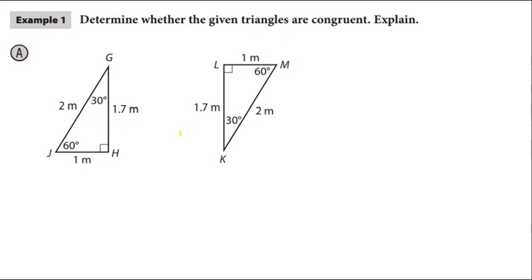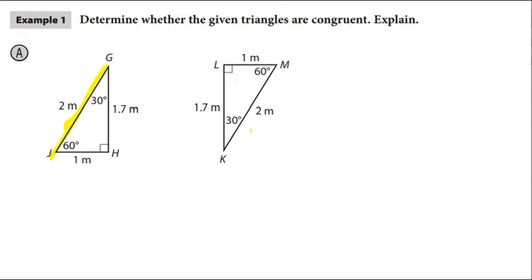So look at example 1. It says determine whether given triangles are congruent and explain. So we look at the two triangles and we look for all the sides and all the angles being congruent to each other. So if I look at the sides here, let me start with side JG. This is 2.